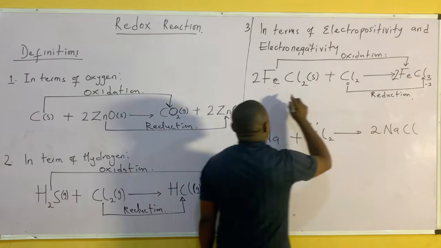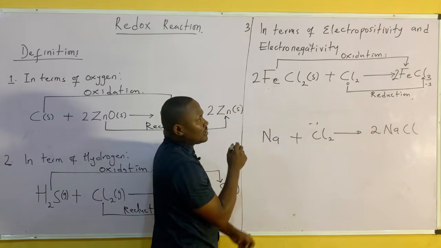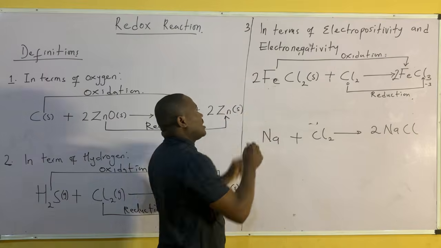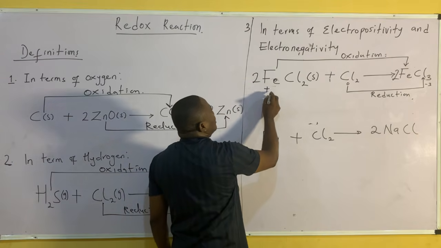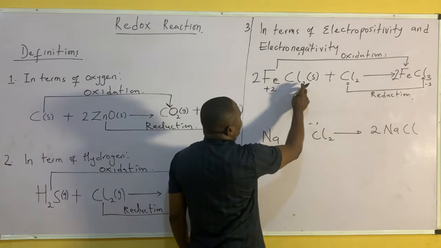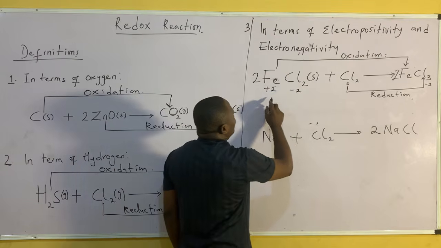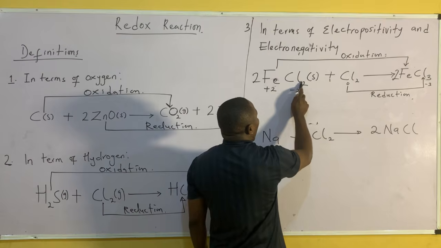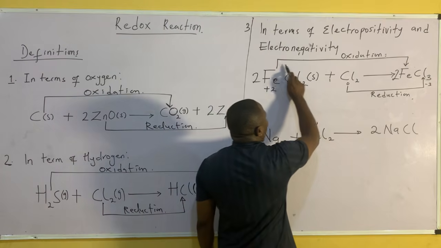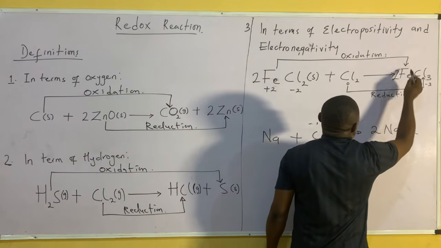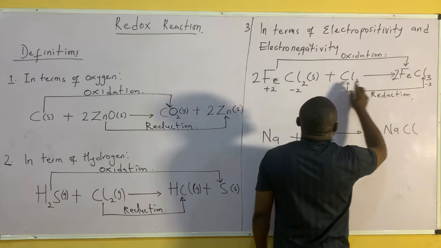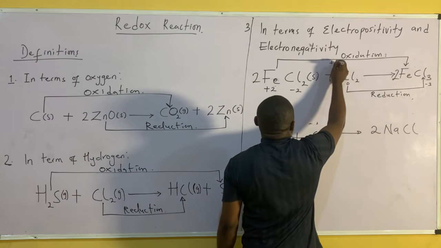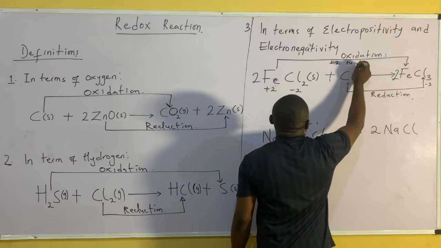Now take note, I reiterate again. This element here is +2, while this is -2. So on addition of these two ions, we are having this to be iron 3. So iron is changing from +2 to +3.